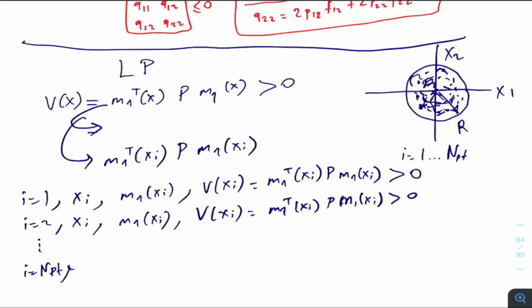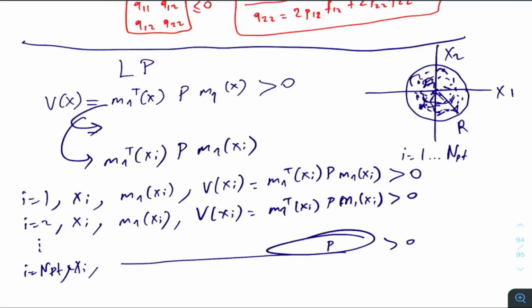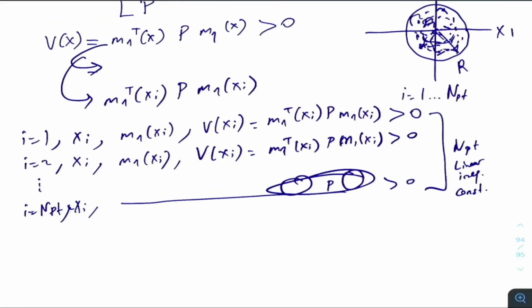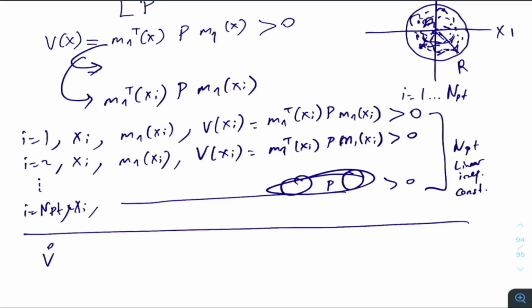And again, the same thing. So you will have n linear inequality constraints.